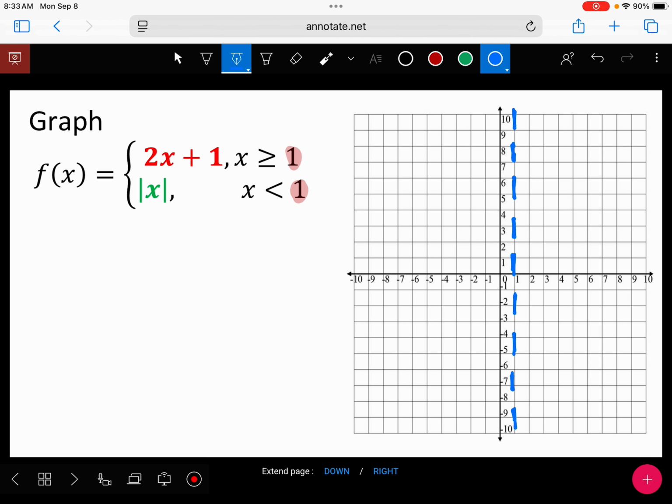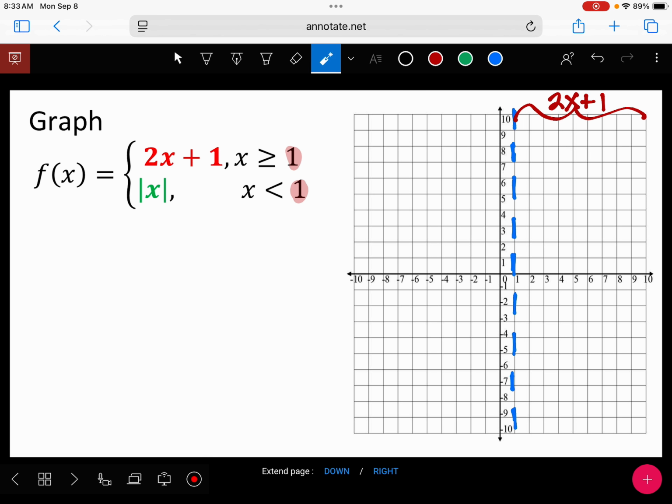Okay? So the 2x plus 1 is going to happen when x is greater than 1, which means I'm going to graph that over here. This side is where the 2x plus 1 can play. And the absolute value of x is only when x is less than 1.